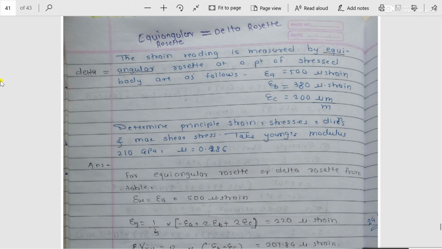There is a similarity between the 3 element rosette and the equiangular or delta rosette: the number of strain gauges used is the same. In both, 3 strain gauges are there, but in the 3 element rectangular rosette the strain gauges are arranged in rectangular form, whereas in the equiangular or delta rosette they are arranged in the form of an equilateral triangle.